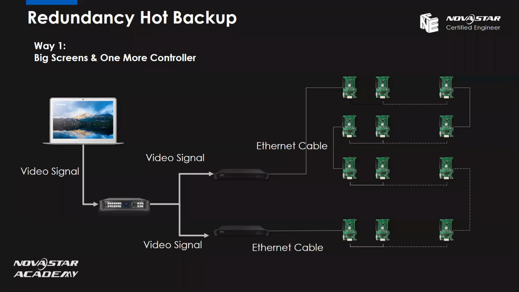I think maybe some of you are quite familiar with it because it's a very popular product. And we have 2 sending cards right here. The first one, the top one, is a primary sending card using the Ethernet cable to load the whole screen. And the second one is working as a backup device to provide the Ethernet cable signal to the last panel on the screen.